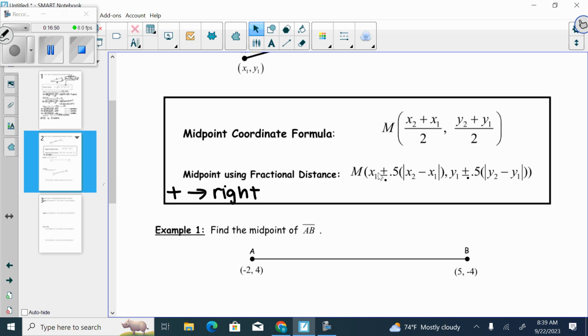You also would use the plus if you are moving up. So if you went up when you're doing your y values, you would use plus. But for minus, we already knew that meant you must be moving towards the left. For your y's, that's going to mean you must be moving down.